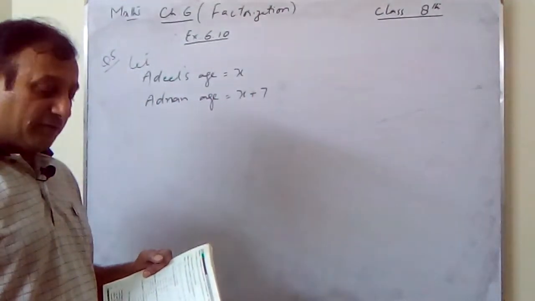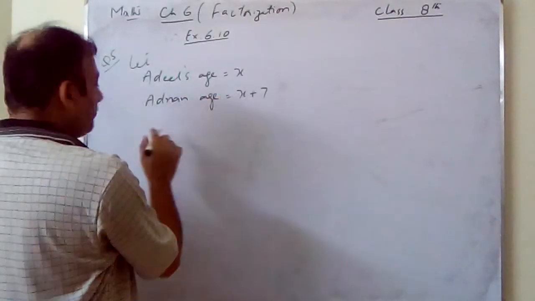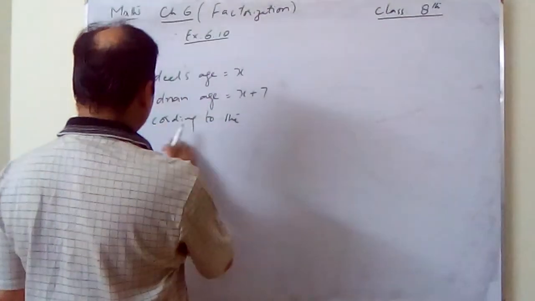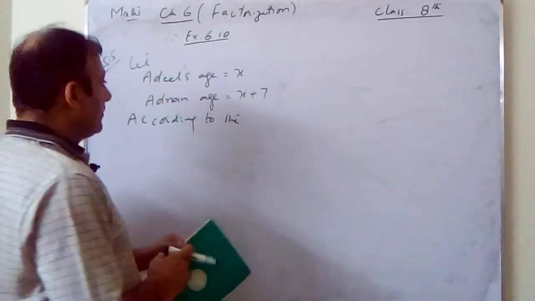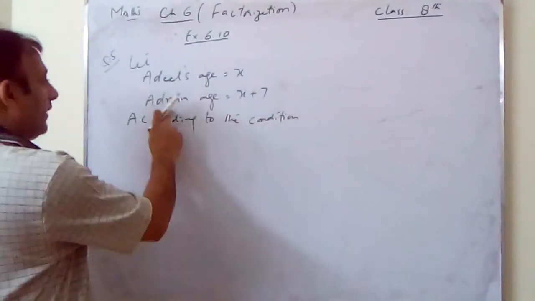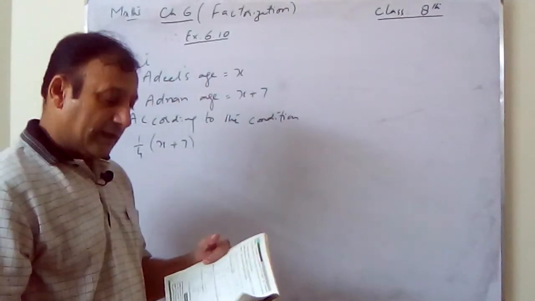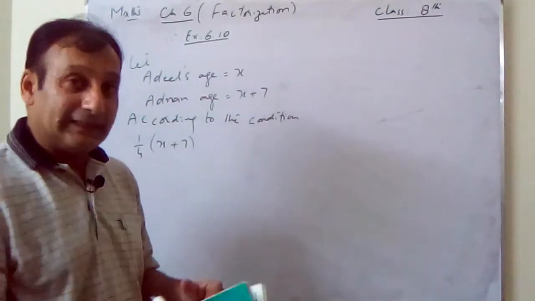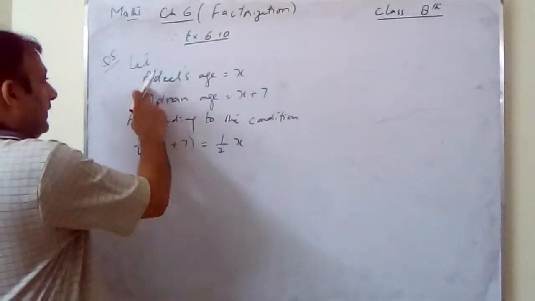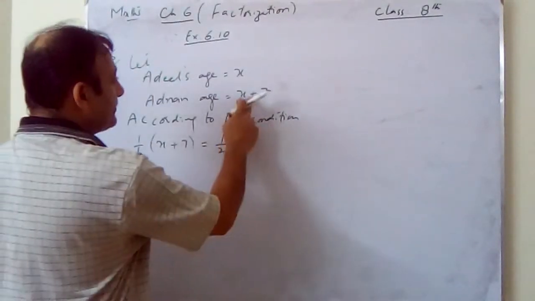Find their ages when 1/4 of Adnan's age is equal to 1/2 of Adil's age, according to the condition. Adil's age is x, Adnan's age is x plus 7.